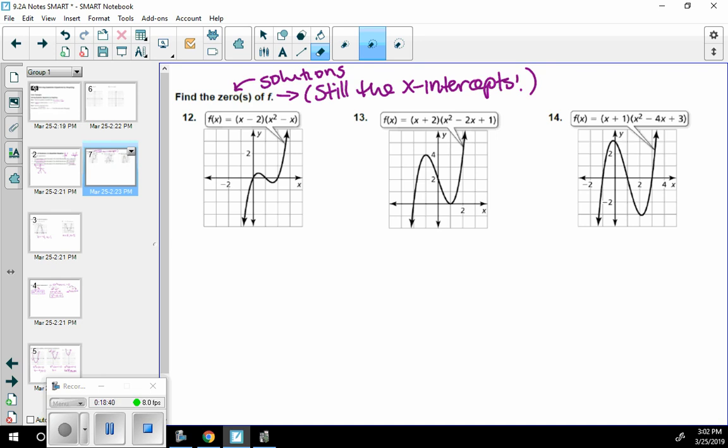So if you look at number 12, I just want to see if I can identify at what location this curve is intersecting the x-axis. First of all, how many times does this hit the x-axis? 3 times. Guess what? Because it's a cubic function. Highest degree is 3, right? Quadratics have a highest degree of 2. So the most solutions they're going to have is 2, right?